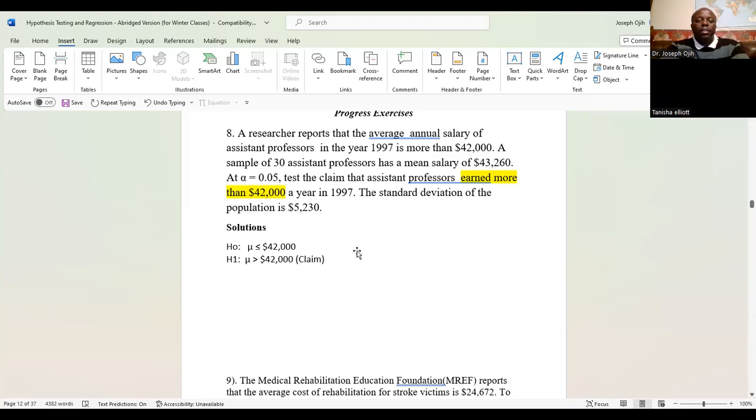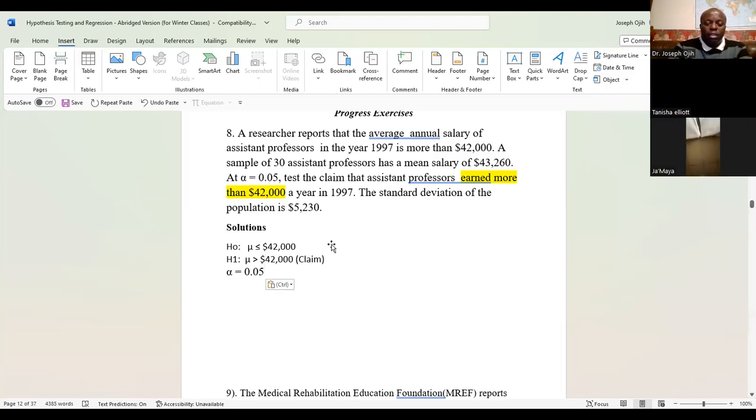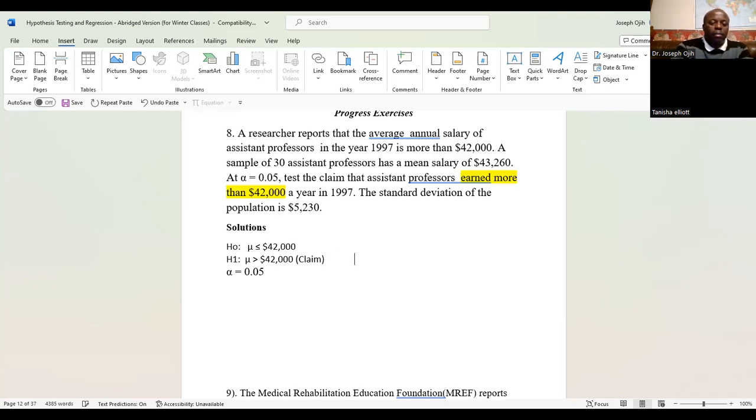Now our alpha will become this, and as you know, this is a right-tailed test, because considering the claim, the symbol is pointing to the right. So now that we have that in mind, we can list our summary statistics.